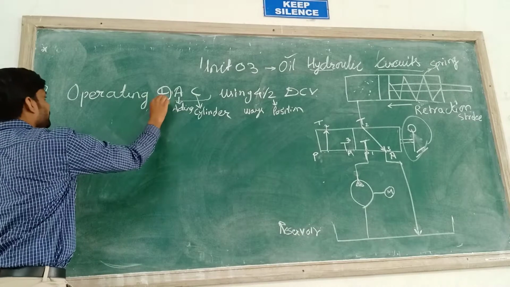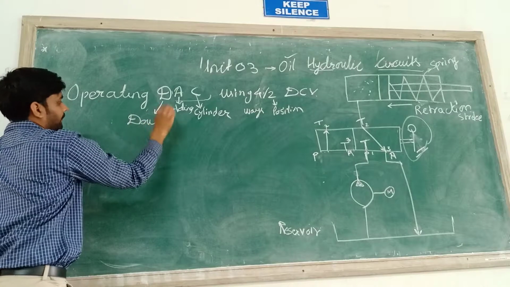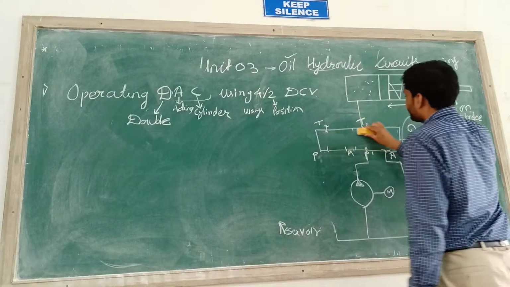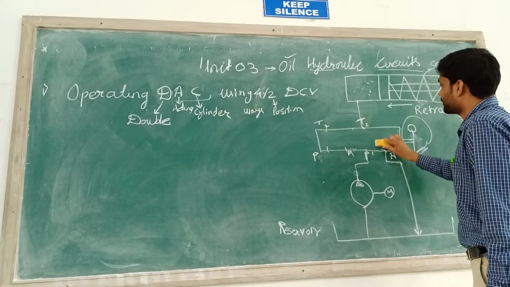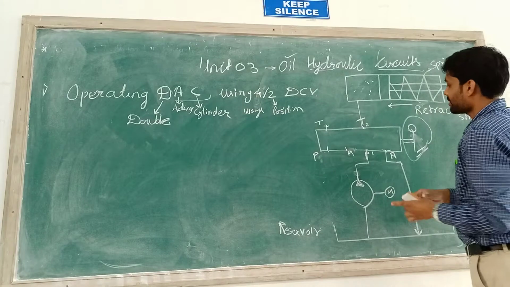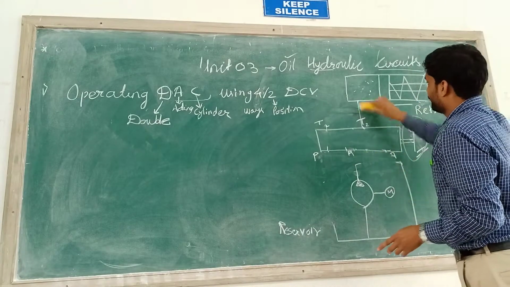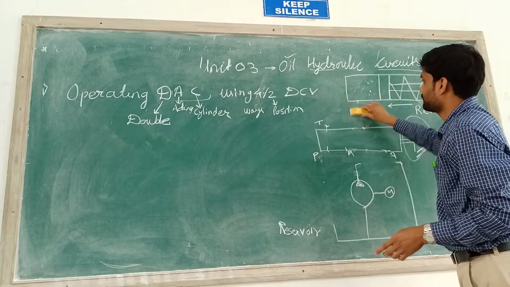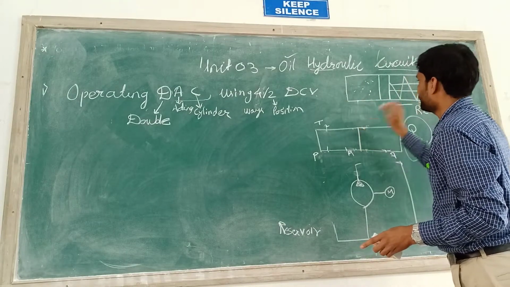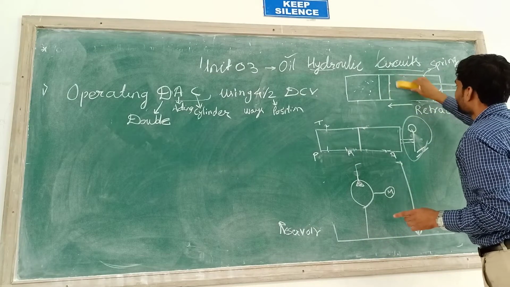Meaning of word D is double acting cylinder. Okay, so you know that if the cylinder is double acting, we have to change this control valve here, because now this valve becomes 4/2. So positions will be 2, and here this direction control valve is double acting.